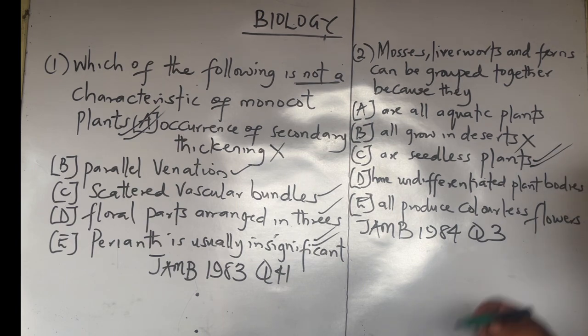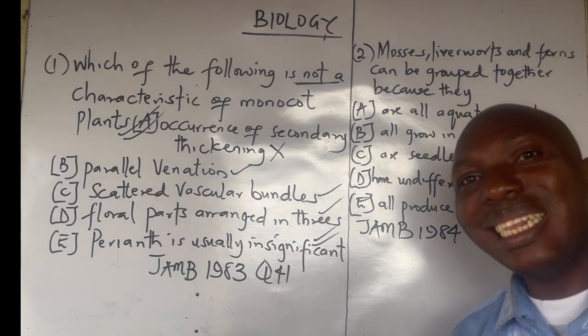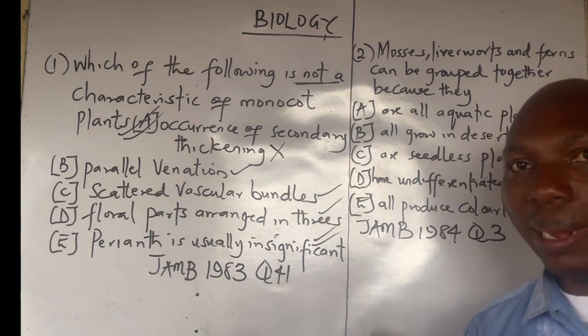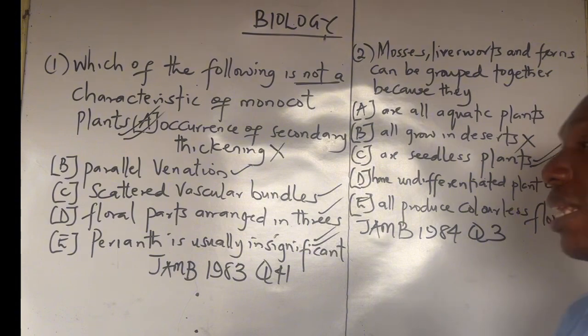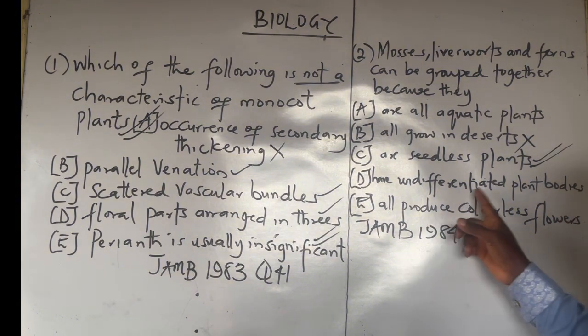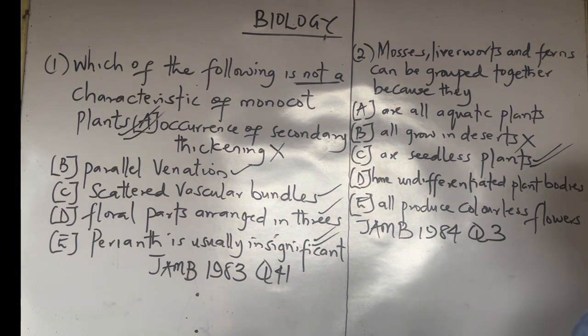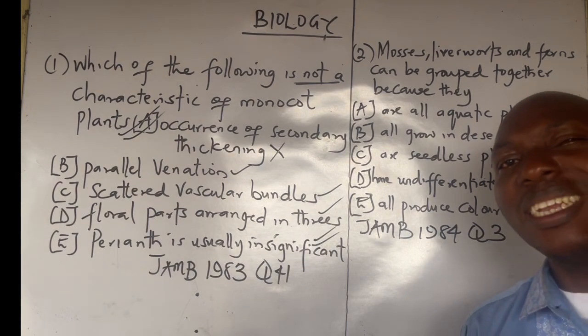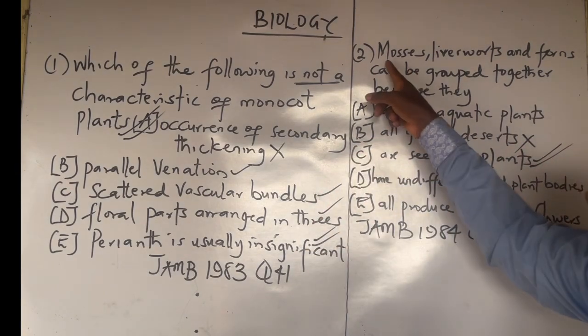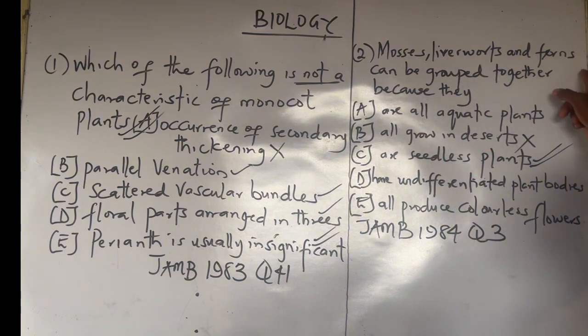They are seedless plants. All mosses and liverworts are seedless vascular plants, and they have undifferentiated plant bodies.